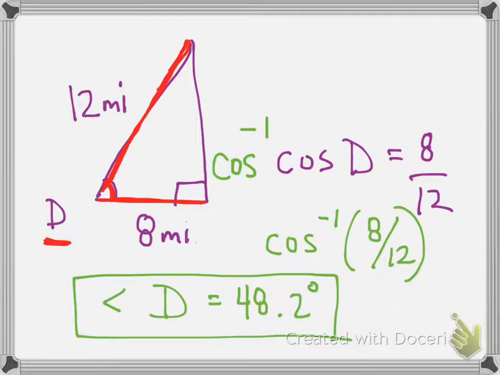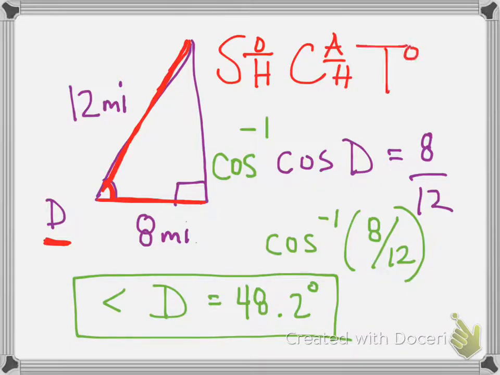So I know from SOHCAHTOA that cosine is adjacent over hypotenuse. That's what A over H means. Alright, so I'm going to use cosine. Angle D, because I'm finding angle D, is adjacent over hypotenuse, so that's why I put 8 over 12.